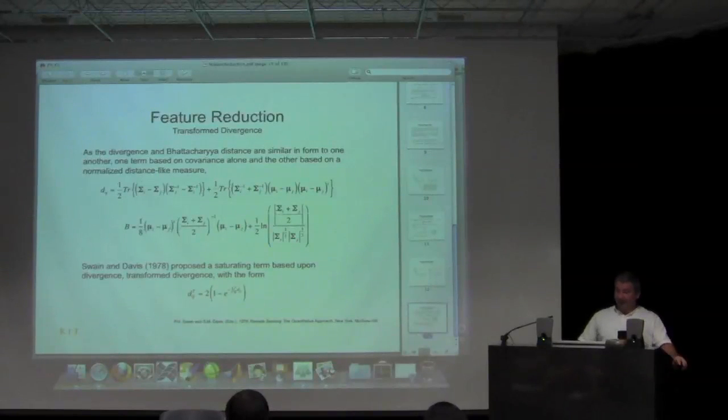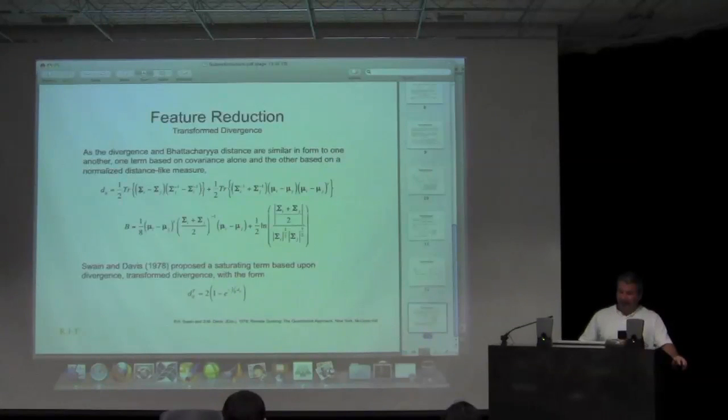You look at this term in the Bhattacharyya distance, what do you got? You got the squared distance between two means normalized by the average covariance matrix. So these two terms are very similar to one another. This term is the sum of the two covariance matrices, the determinant of that divided by the square root of the determinant of the individual covariance matrices, natural log.